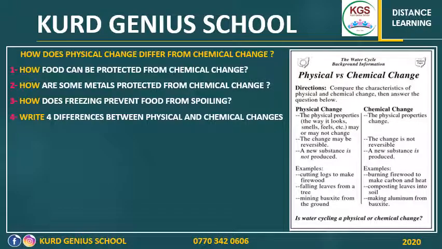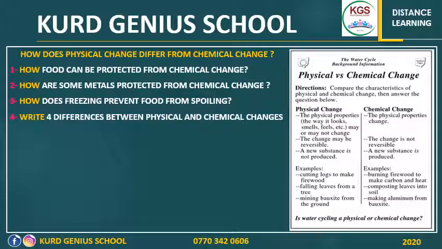Guys, the last slide is about the questions that you should solve. After I finish explaining the properties, I will assess your understanding by asking some really quick questions. The first one is how food can be protected from chemical change. How can I protect my food from chemical change? Or how can I prevent my food from oxidation with the oxygen around us?